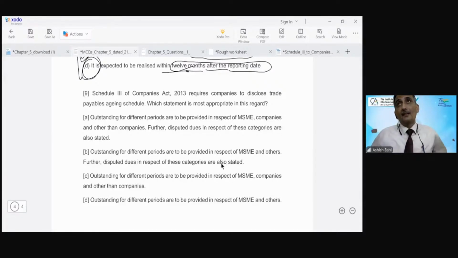So guys, unless you remember the things, unless you learn the things, you would end up splitting your hairs, guys. You would have to put in hard effort.